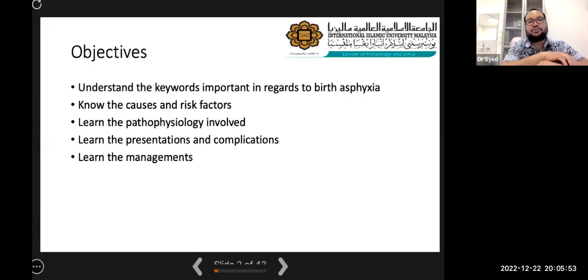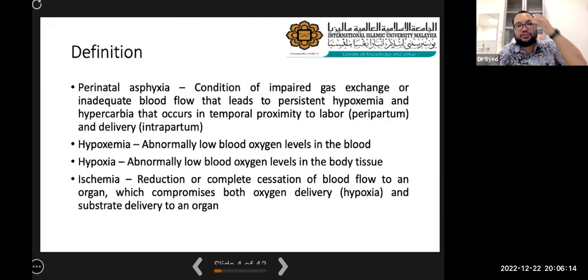What are the objectives? I want you to understand the keywords important in regards to birth asphyxia, know the causes and the risk factors, understand the pathophysiology, and know the presentations and complications of birth asphyxia. Most important is you understand the management when you have a patient with birth asphyxia.